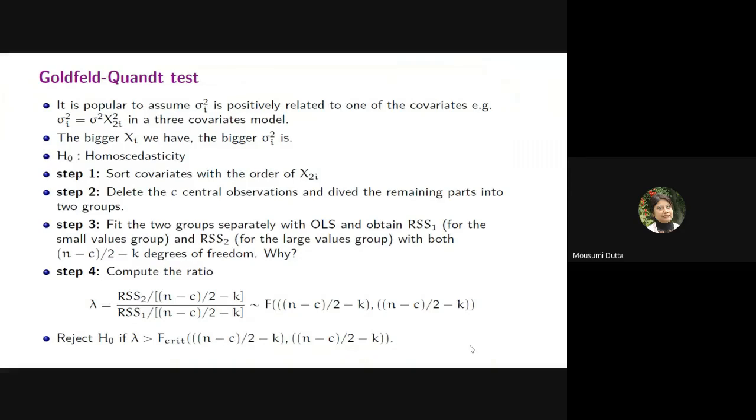The power of the test will depend, among other things, on the number of central observations excluded, and will clearly be small if C is too large.